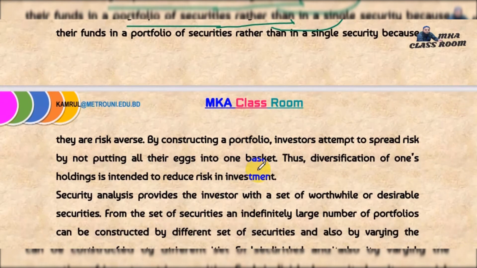Most investors all over the world are risk averse. That's why they try to make a portfolio, a group of securities which will reduce the risks. By constructing a portfolio, investors attempt to spread risks by not putting all their eggs into one basket. Thus, diversification of one's holdings is intended to reduce risks in investment.